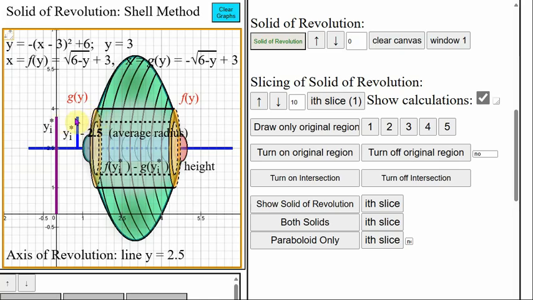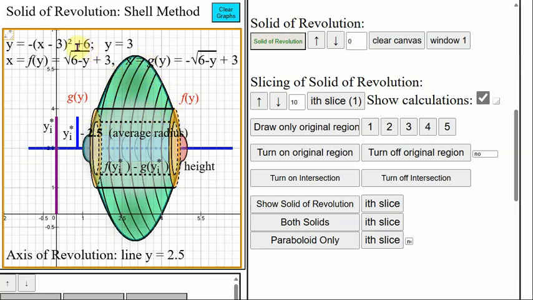The distance from the x-axis to here is y star, and the distance from here to here is 2.5. So the average radius for this ith shell is y sub i star minus 2.5. The height of this shell is bounded on the left side by this curve and on the right side by this curve.